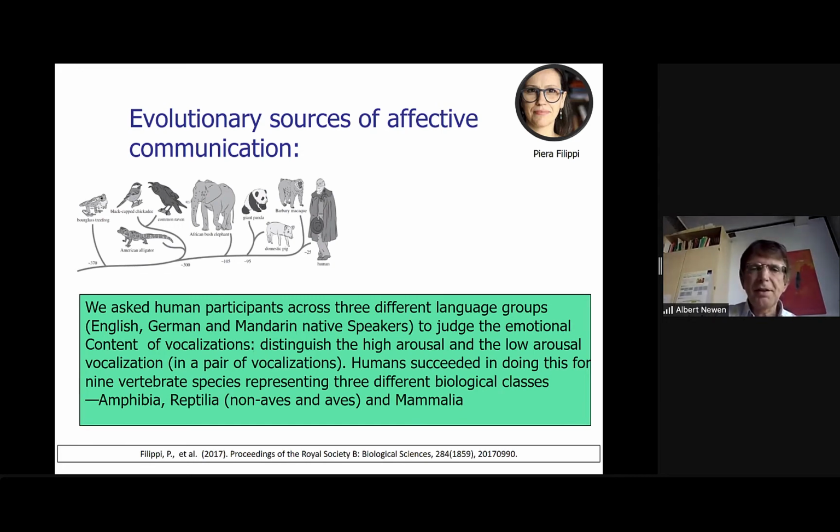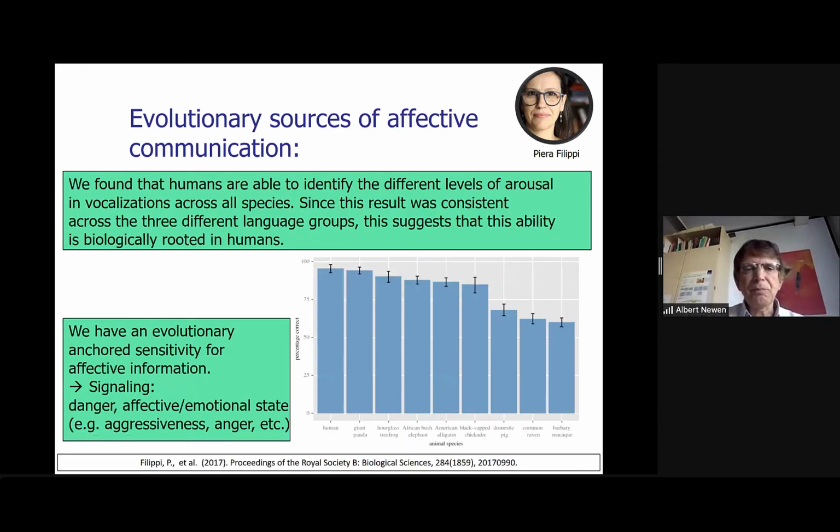So this is just a graph. To summarize, we found that humans are able to identify the different levels of arousal in vocalizations across all these species. And since the result was consistent across 3 different language groups, this suggests that this ability is biologically rooted in humans.